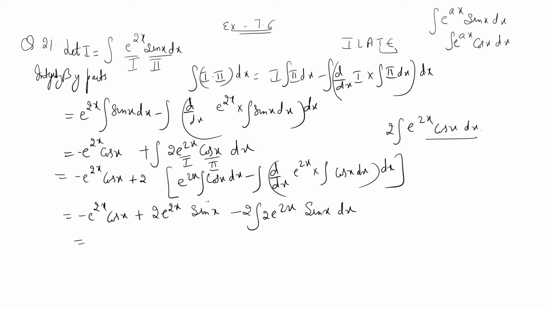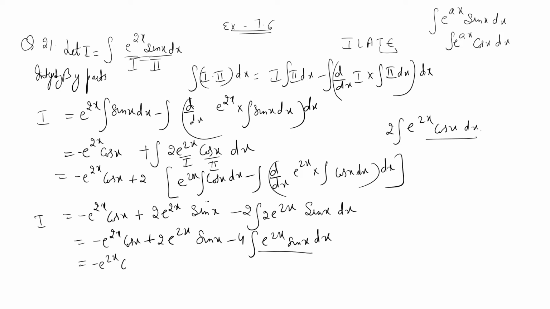So if you take it outside, this is I, because I am integrating just I, right? e^2x cos x plus 2e^2x sin x, and this is minus 4 e^2x sin x. So again you can see that it will go to integration by parts again, but it is a never ending process, right? So you will just twice differentiate, and then again you will get this I. So now what will I do?